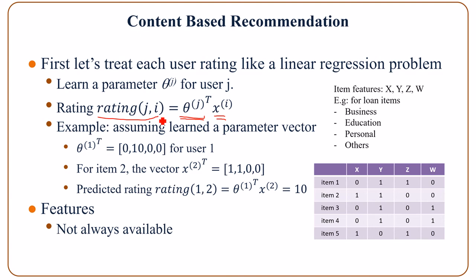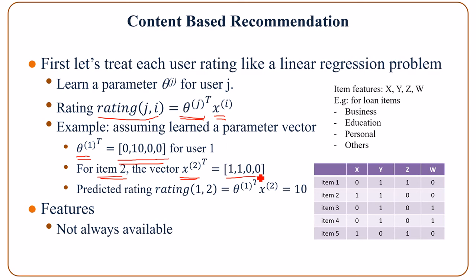Let's look at a numerical example. Let's say we learned a vector of parameters theta 1 for user 1, and it has elements 0, 10, 0, 0. And given an item, for example, item number 2, the values of the features are 1, 1, 0, 0.